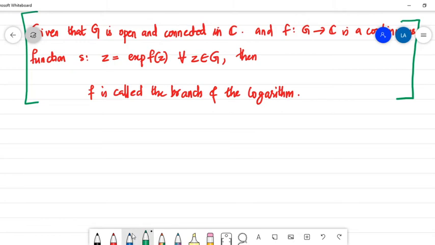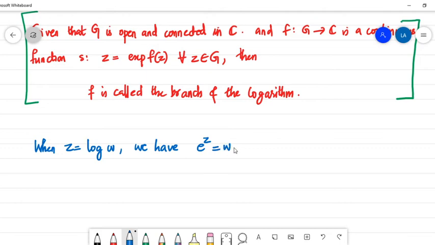So from here, when z is equal to log w, we have e raised to z is equal to w, right?